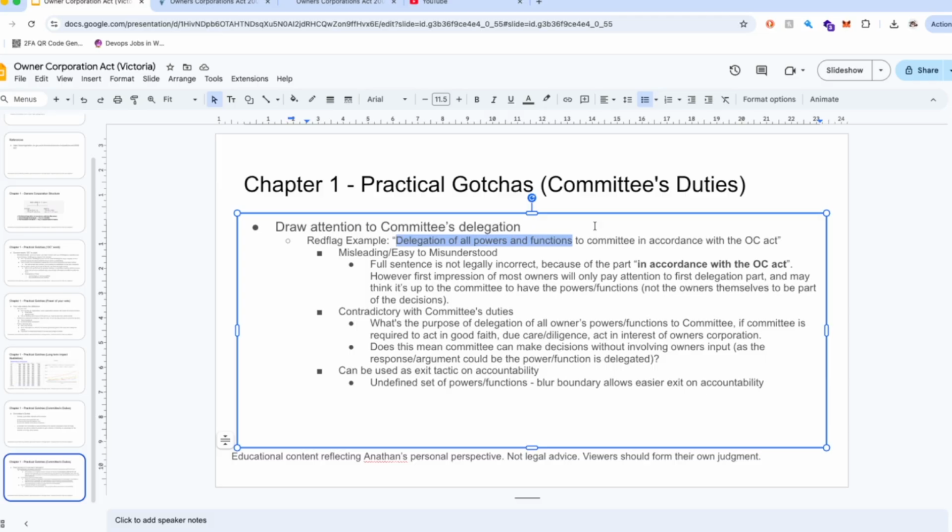Under that situation, most owners will only pay attention to the first delegation part, right?